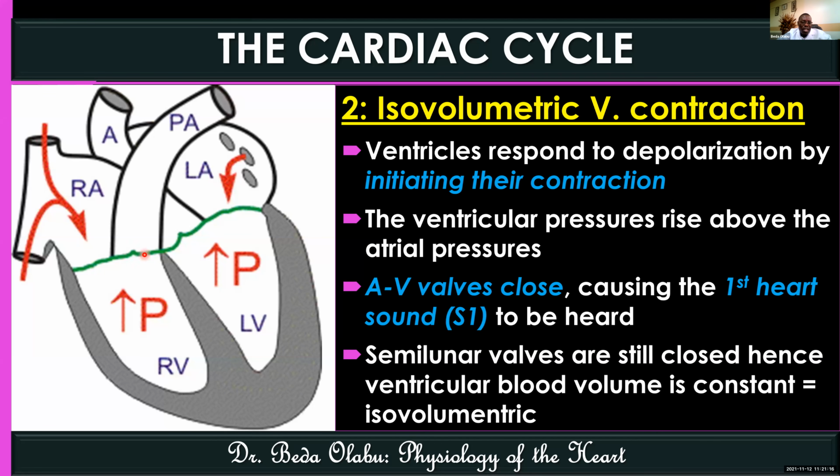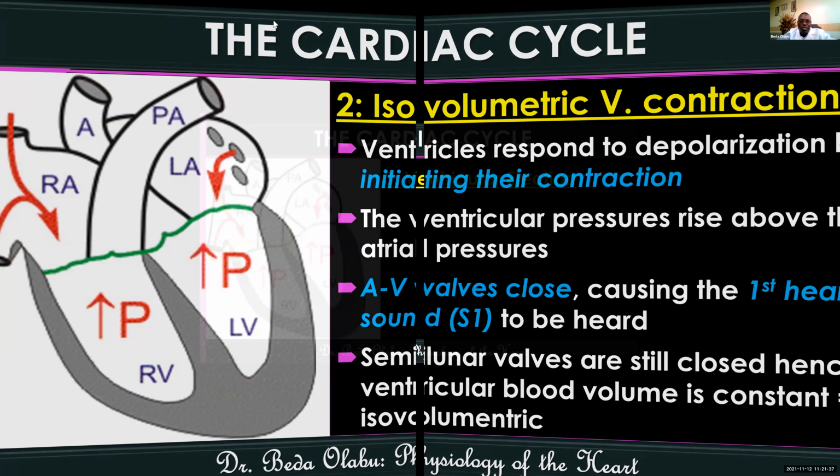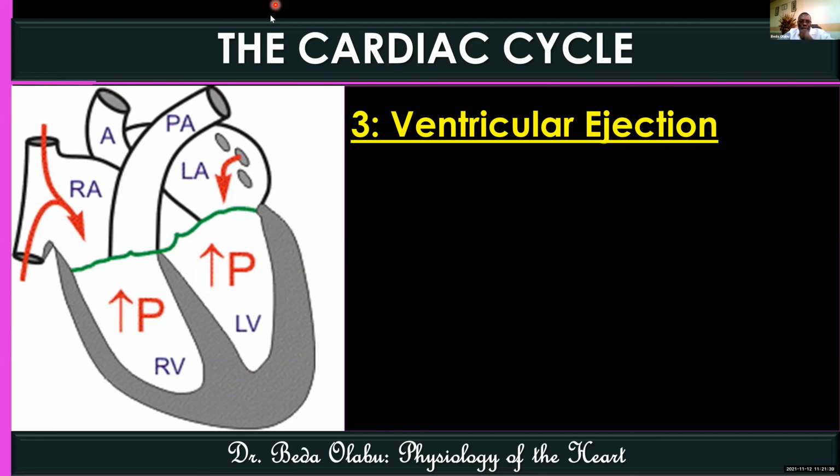Remember, pulmonary trunk comes from the right ventricle and aorta from the left ventricle. When the pressure in the ventricles exceeds the ones in the outflow tract, semilunar valves will open and that will make blood pump out of the ventricles. And that takes us to the next phase, which we call ventricular ejection.